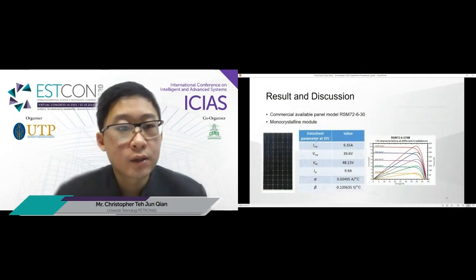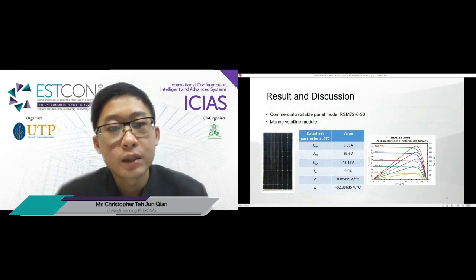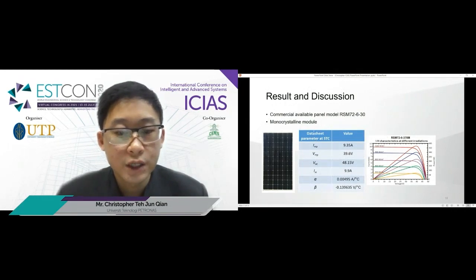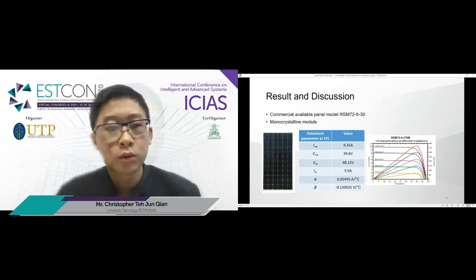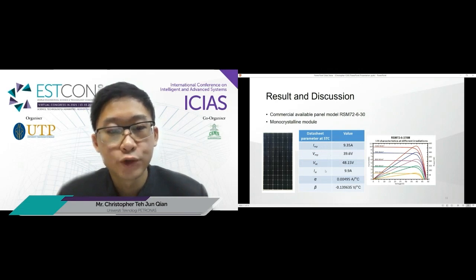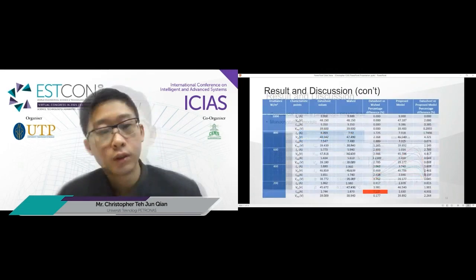So for the results, a commercially available panel model, the RSM72630, will be used. And this is a monocrystalline technology module. So these are the datasheet values that can be taken from the manufacturer. So we have IMP, VMP, VOC, ISC. These are the 3 characteristic points and the temperature coefficient values.